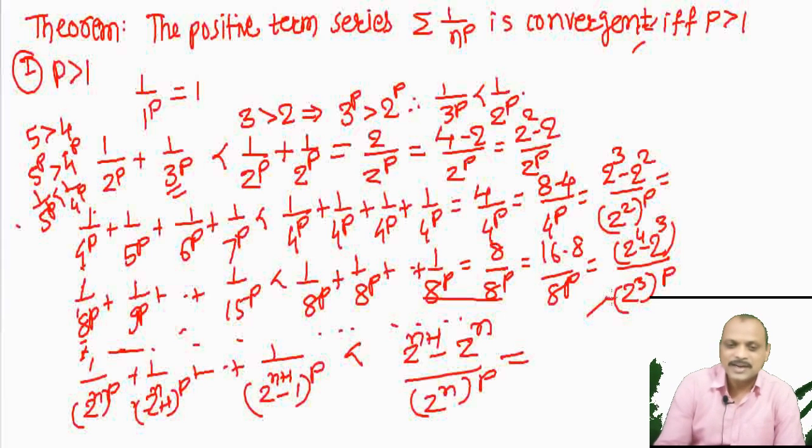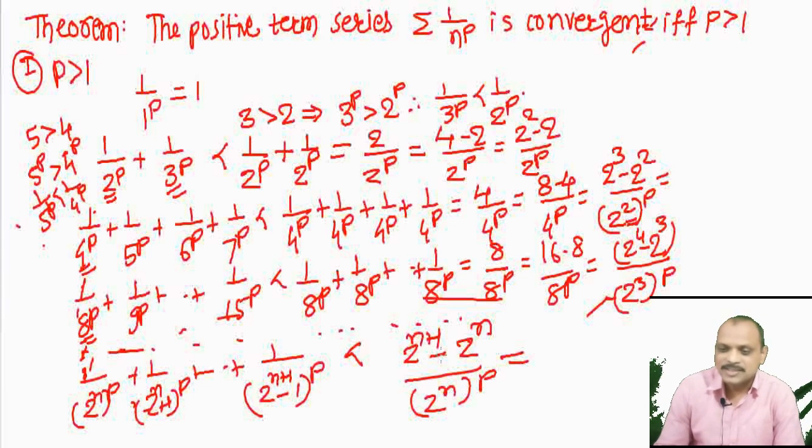Here you can see that whenever I have this 2 here, I will get 2 raised to 1. Whenever I have 2 square here, I get 2 square. Here I have 2 raised to 3, then we get 2 raised to 3. So I have taken 2 raised to n, so here I will get 2 raised to n whole raised to p.